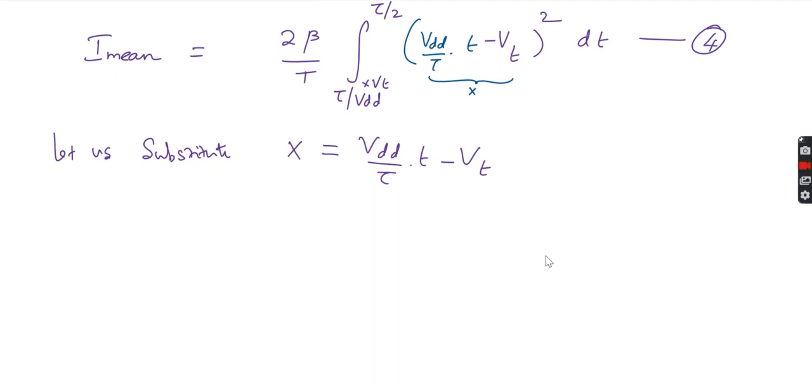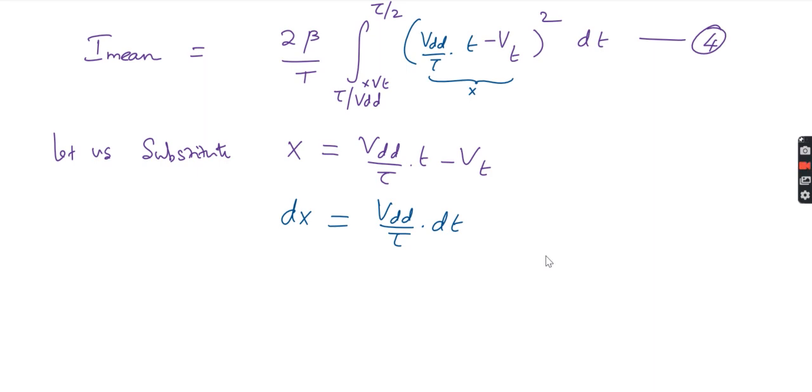If that is x, then what about dx? dx will be equal to VDD by tau into dt, since Vt is a constant term. This is dx.